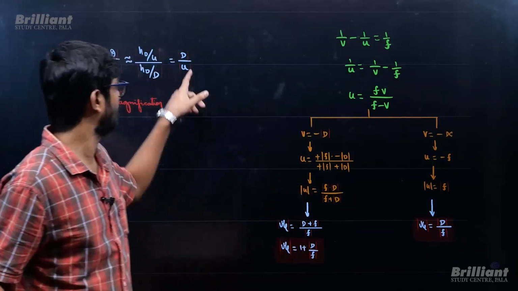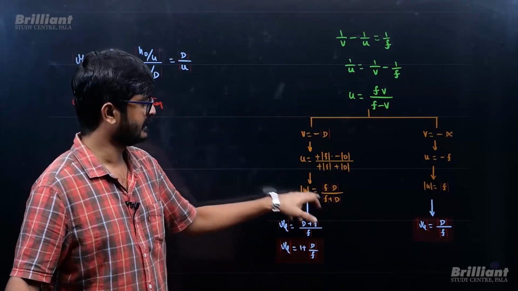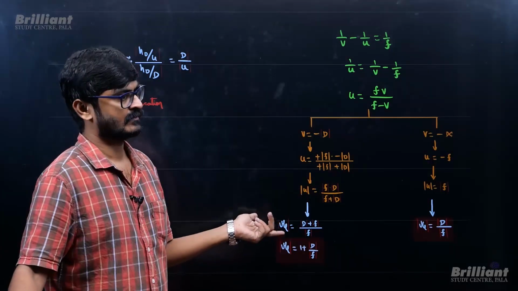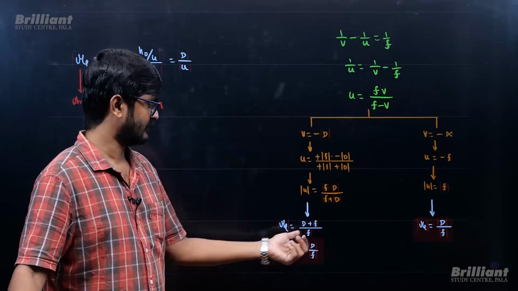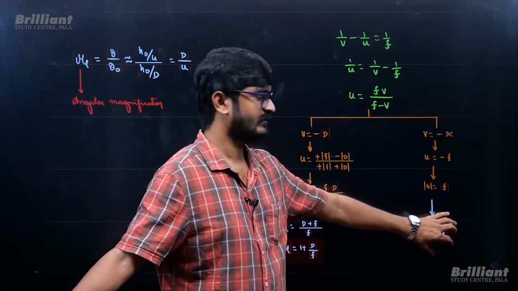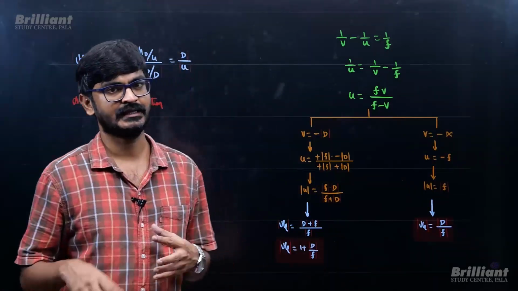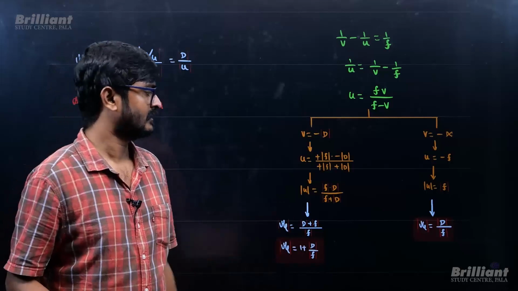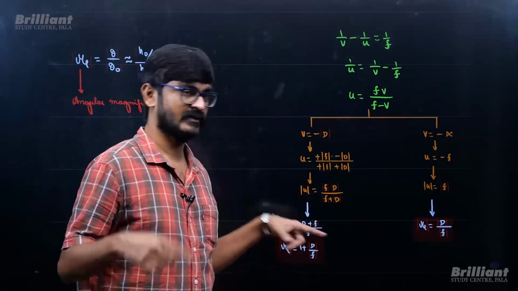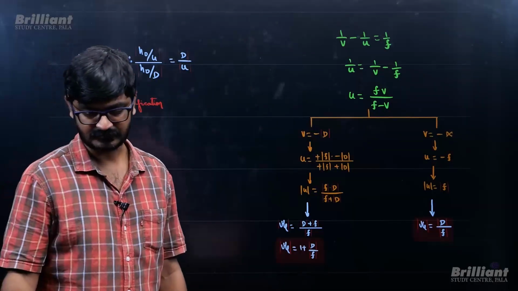When you substitute it back, d by u, or you can find d by u from here itself. D by u from here is d plus f by f, which is d by f plus 1. So this is the angular magnification at normal setting, d by f, and this is the angular magnification at near point setting, 1 plus d by f. That's kind of okay to remember.